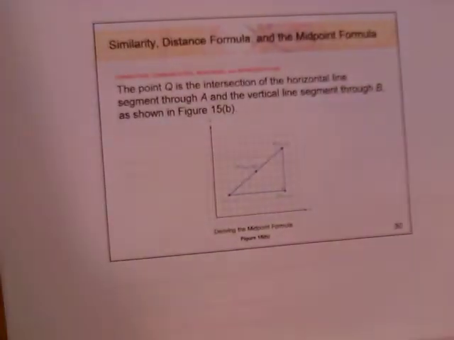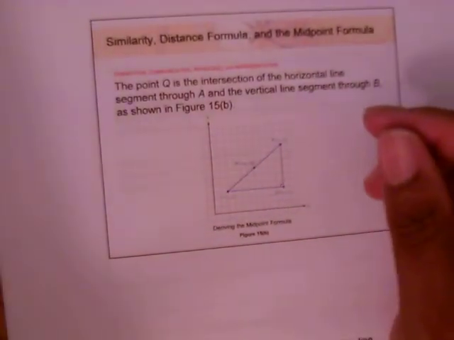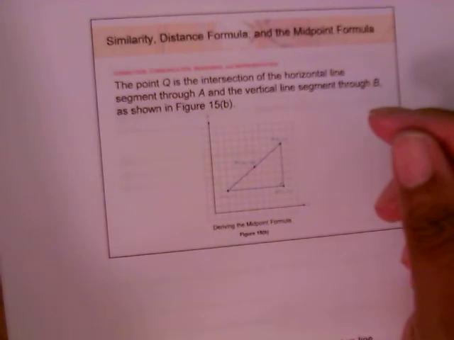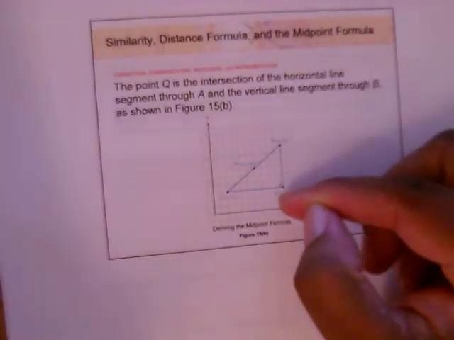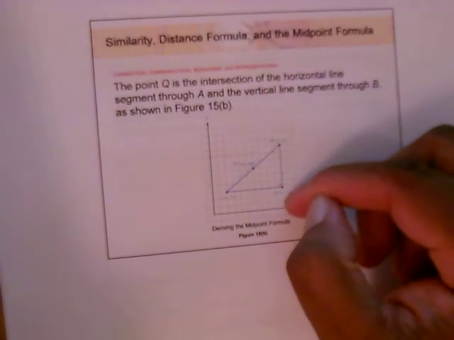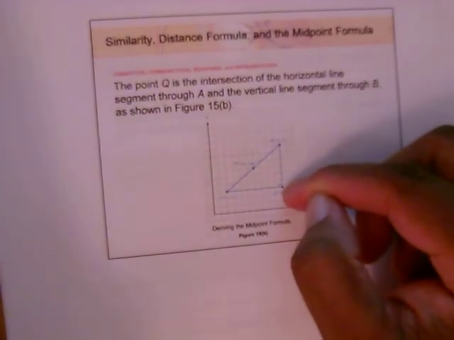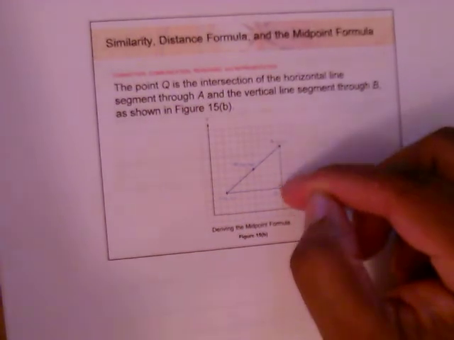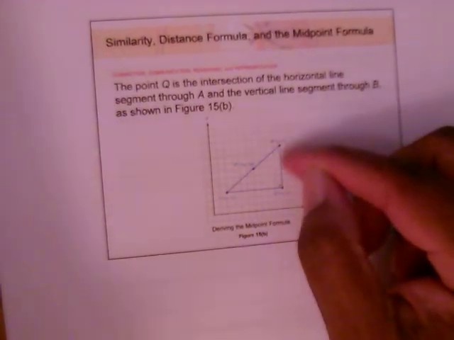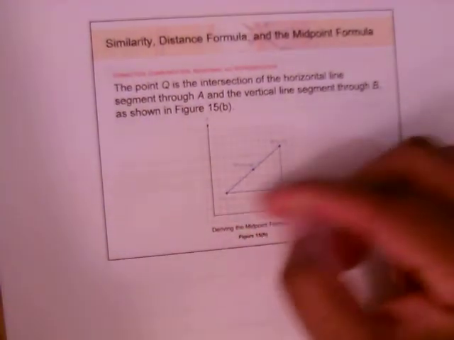So the point Q is the intersection of the horizontal line segment through A and the vertical line segment through B, as shown here. So here's point Q right here. What they did here was they drew a vertical line through B and a horizontal line through A to form a right triangle.